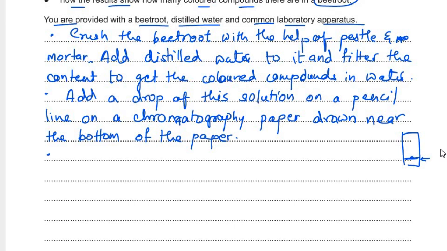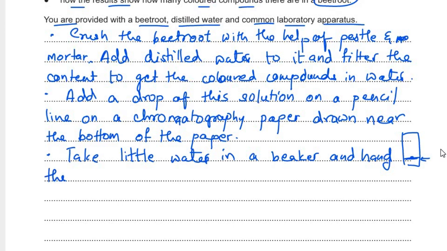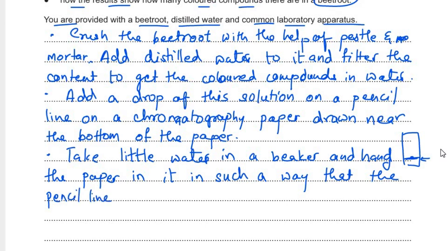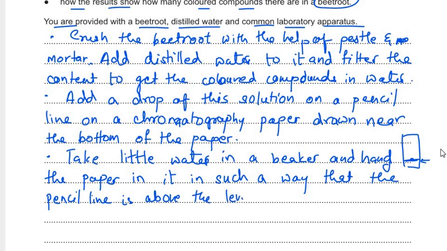Now what we can do is that take little water in a beaker and hang the paper in it, that is in the beaker, in such a way that the pencil line or the origin line, also you can mention, the pencil line is above the level of the solvent.